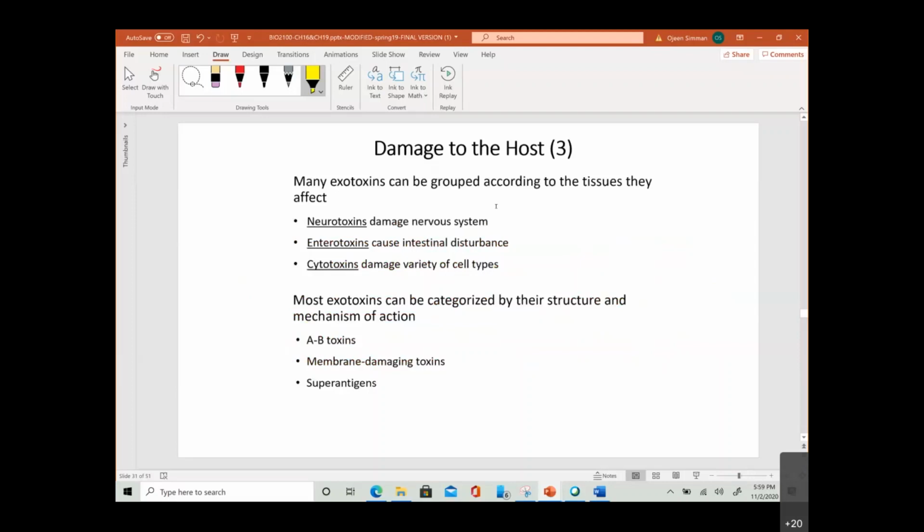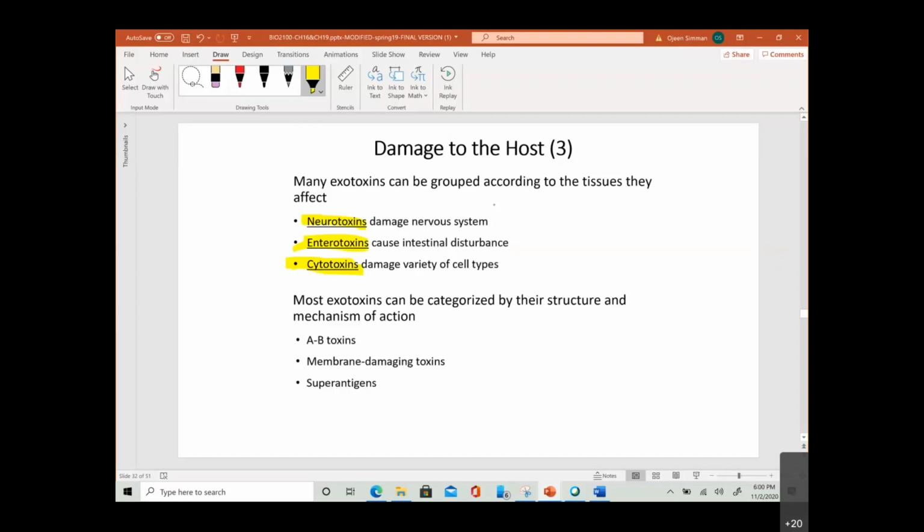We group exotoxins according to the tissue that they affect. For example, neurotoxins are exotoxins that damage the nervous system. Enterotoxins are exotoxins that damage the intestinal tract. Cytotoxins are exotoxins that attack different types of cells or cell membranes.